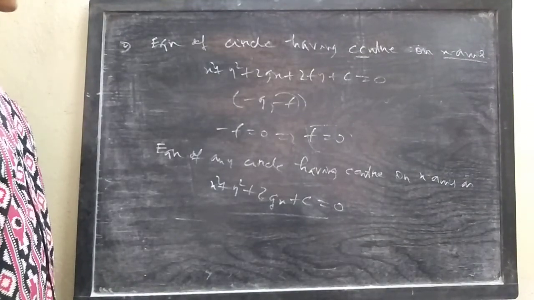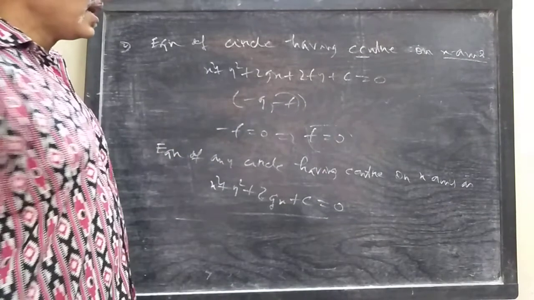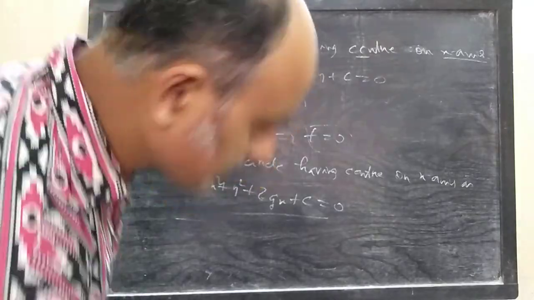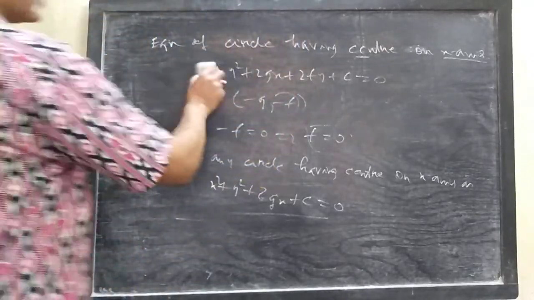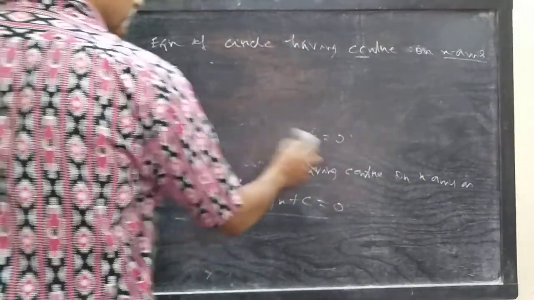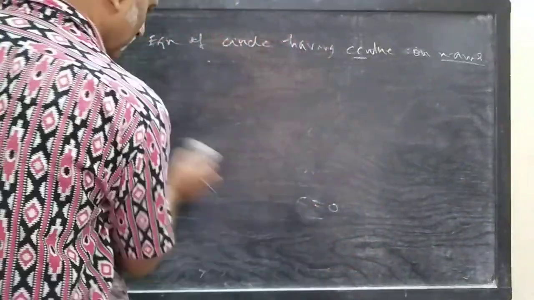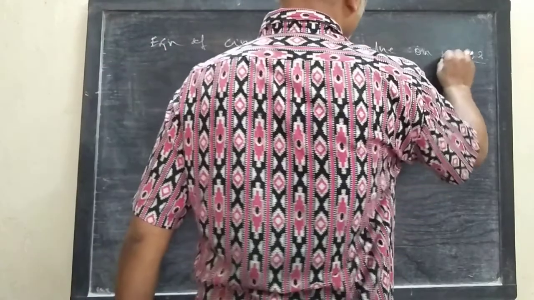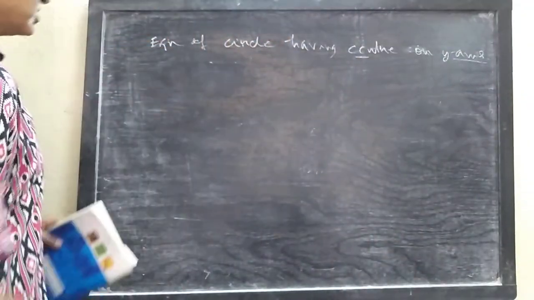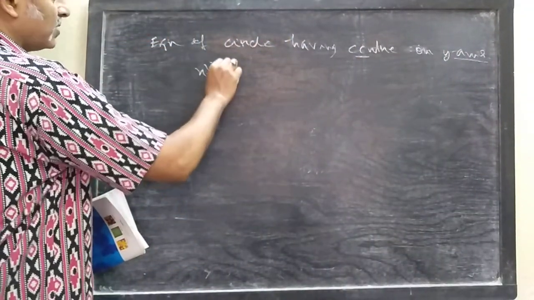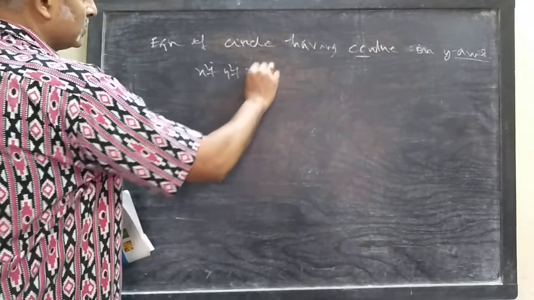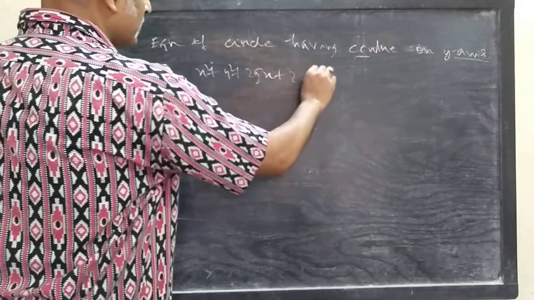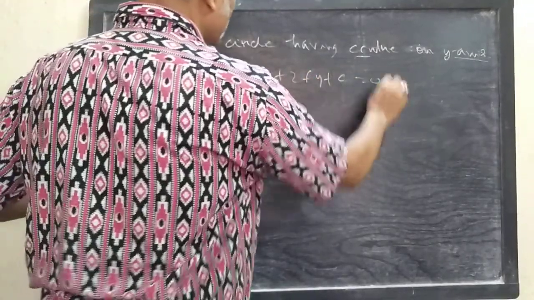Similarly, category 3, equation of any circle having center on y-axis. Start with the general equation x square plus y square plus 2gx plus 2fy plus c equals 0.